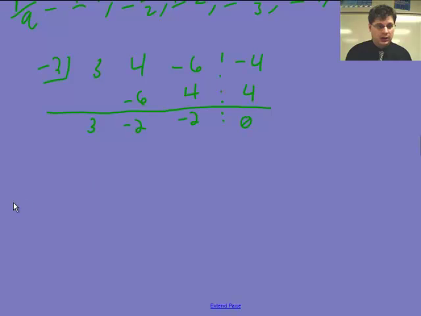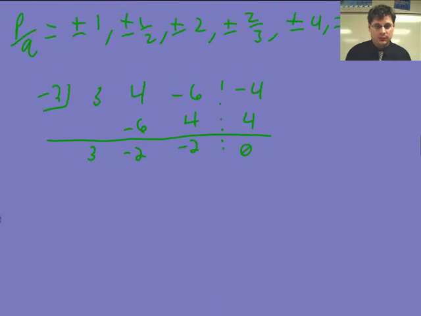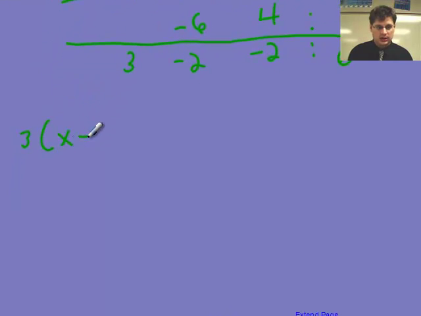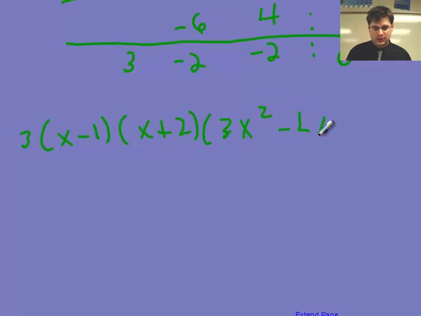And I'm going to rewrite my function with this new factor of x plus 2. So we'll have 3x minus 1, x plus 2 is our new factor, and then we're left with 3x squared minus 2x minus 2.